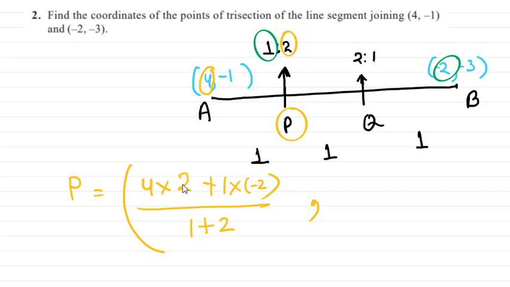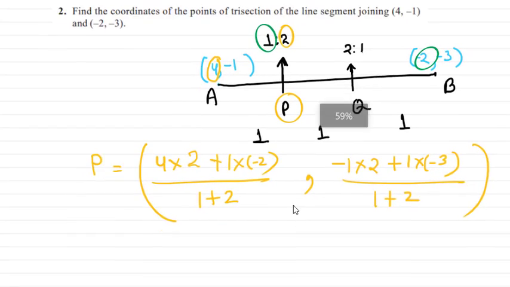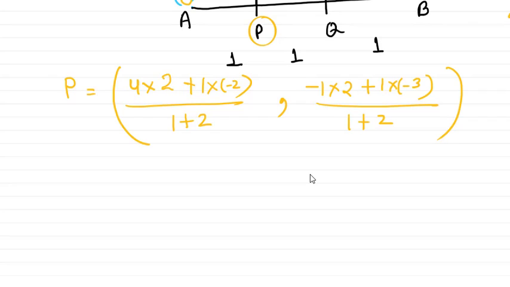And then for finding the y coordinate, we will multiply this minus 1 with 2 then plus 1 into minus 3 divided by 1 plus 2. So that will be the coordinates of P. So now you need to just solve it and you'll get the P.